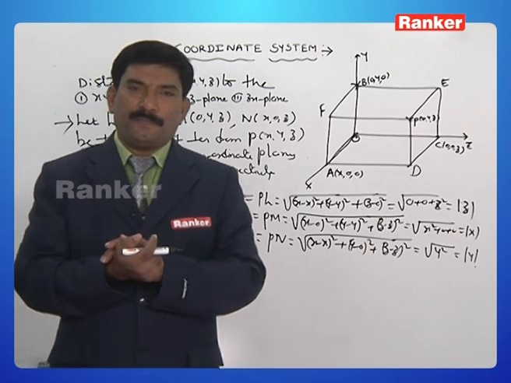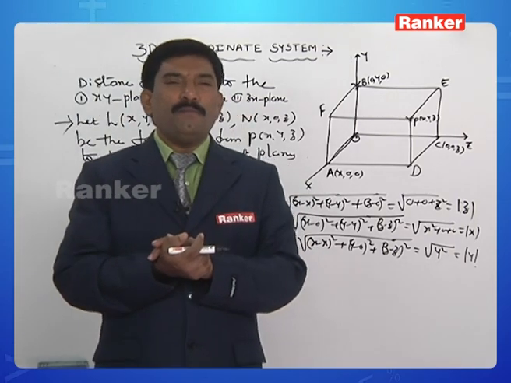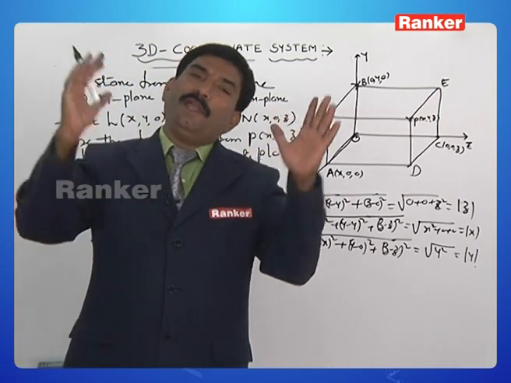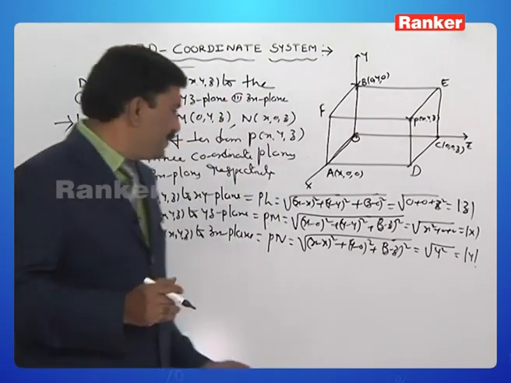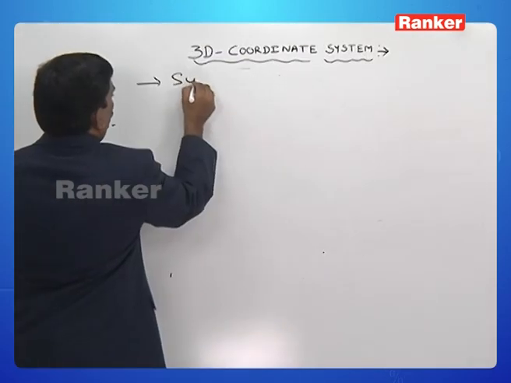Now I am going to make the sum of the squares of the distances from a point P to the coordinate planes. What is that?